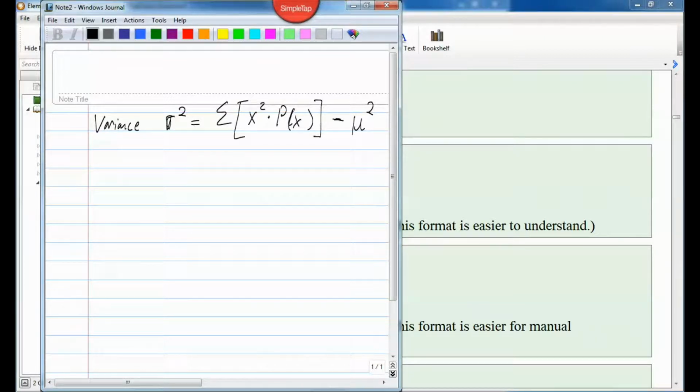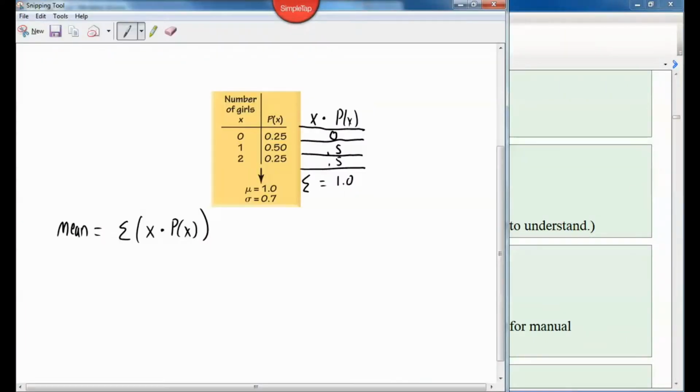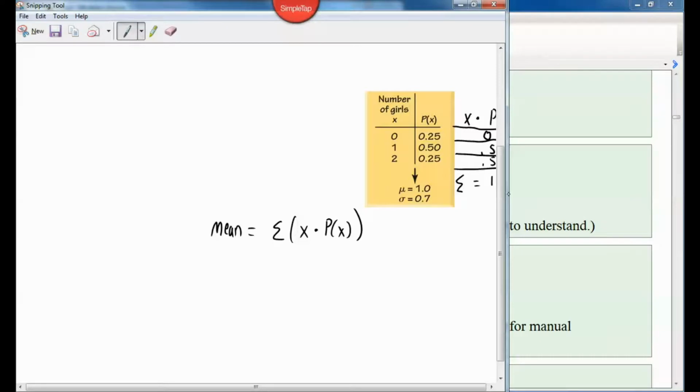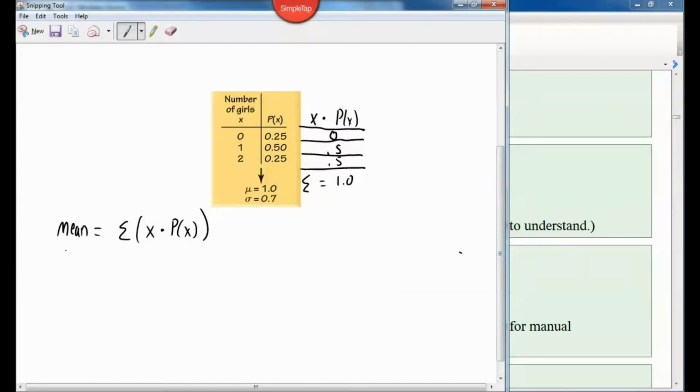So let's relate this back to that same table. Variance equals the sum of x squared times p of x, and then minus the mean squared.